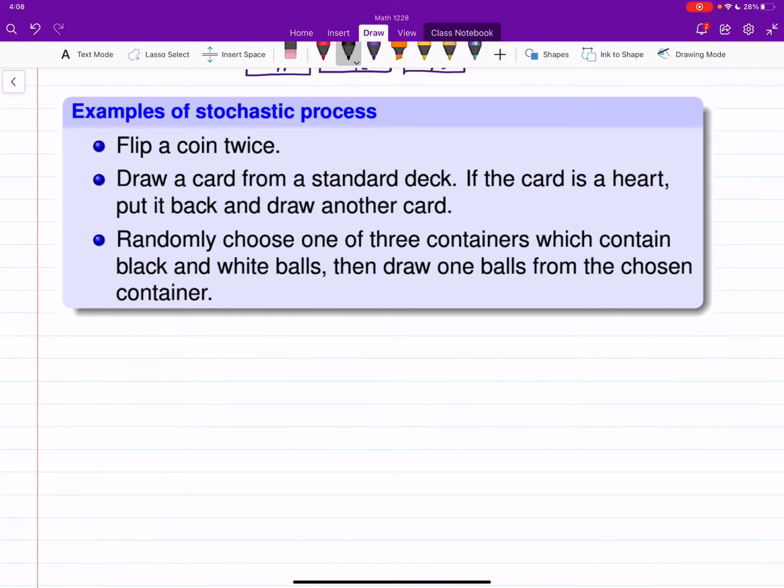Studying stochastic processes is always good to be done by something called probability trees.